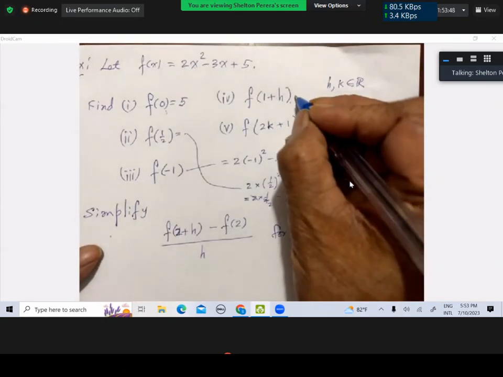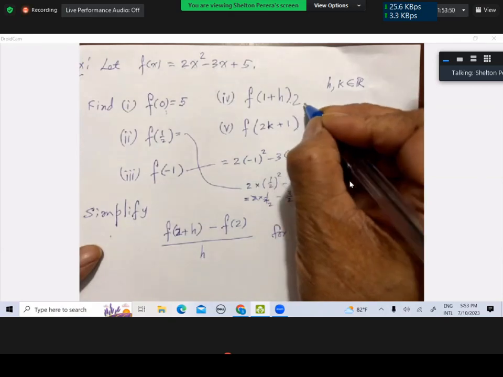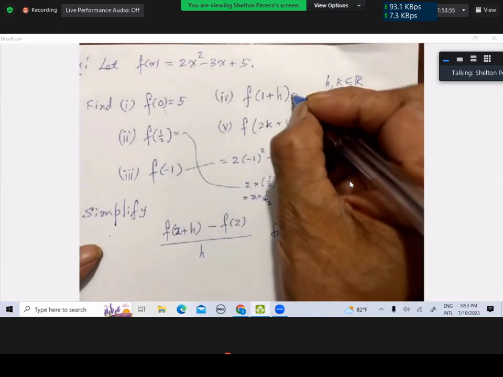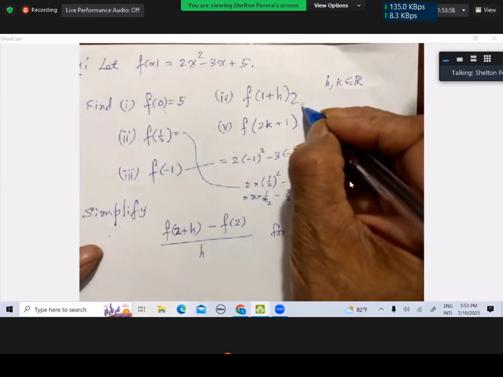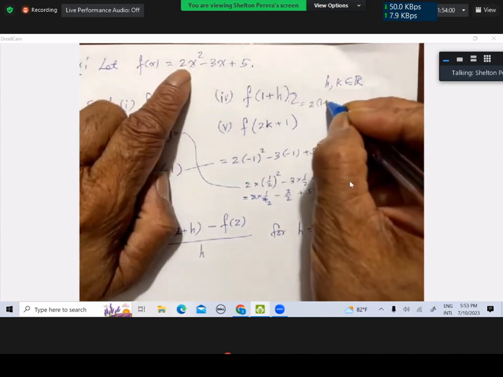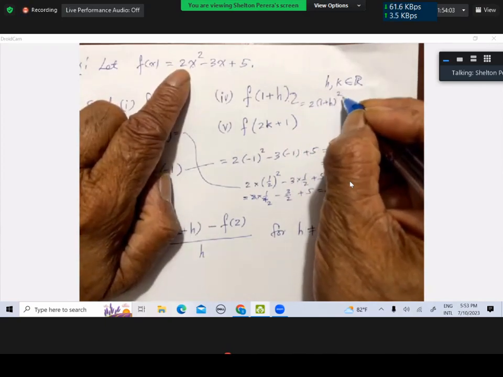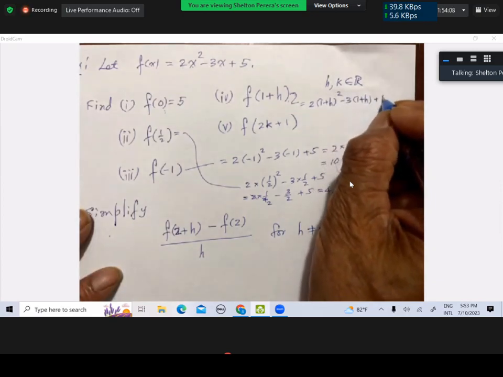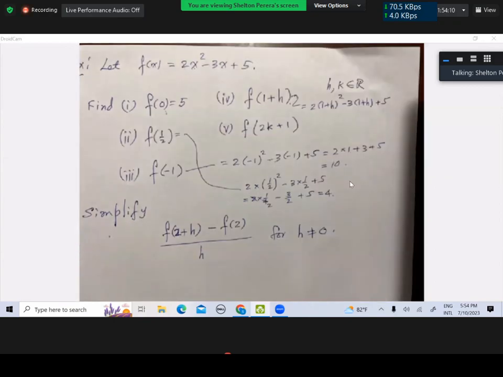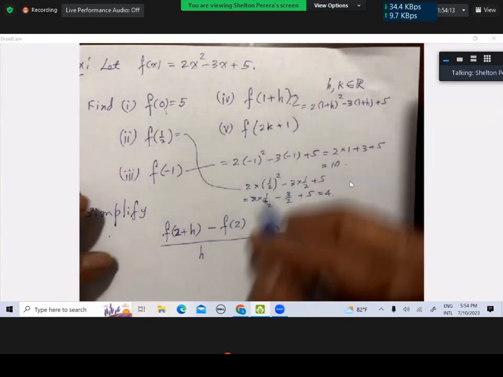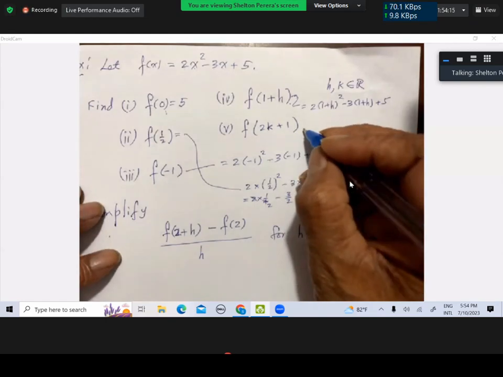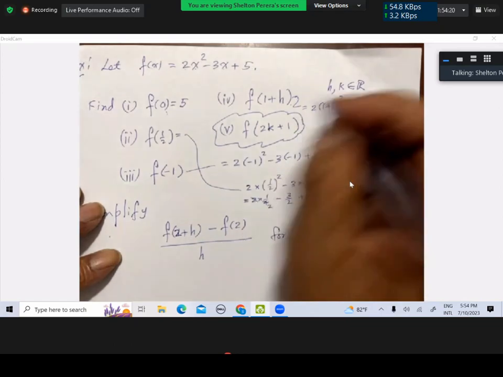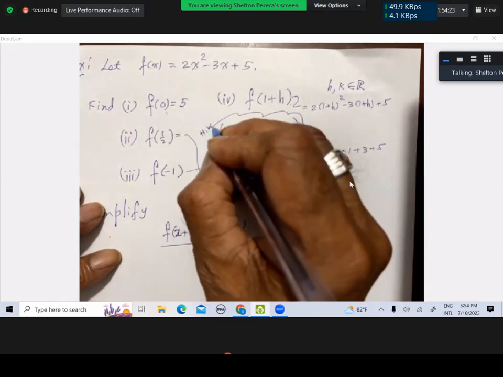So this should be twice 1 plus h squared minus 3 times 1 plus h plus 5. You can simplify that. If you want, I'll leave this as a homework. You can do it the same way I do it there.